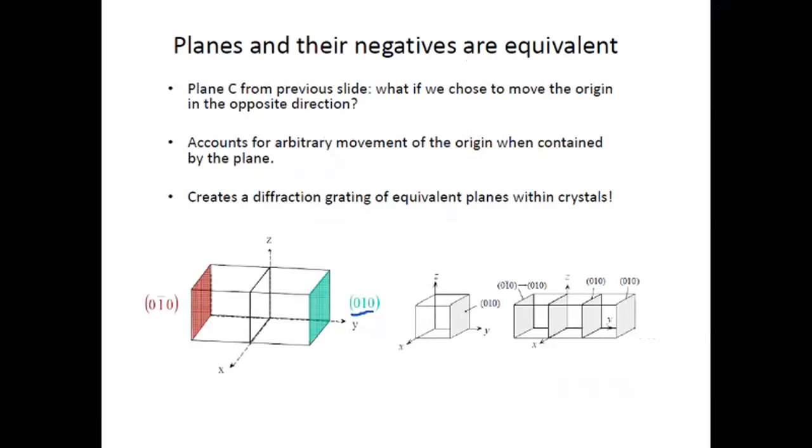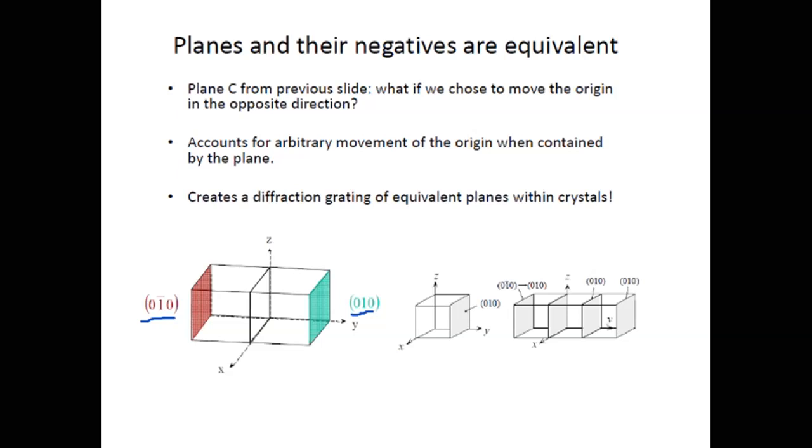Now if we move it to the left instead of the right, negative 1 unit over, it becomes a 0, negative 1, 0 plane. This is arbitrary, whether you move it to the left or to the right, because you get a series of planes, and these are equivalent planes. The 0, 1, 0 and the 0, negative 1, 0 are equivalent planes because their only difference is that one was shifted to the right 1 unit and one was shifted to the left 1 unit.